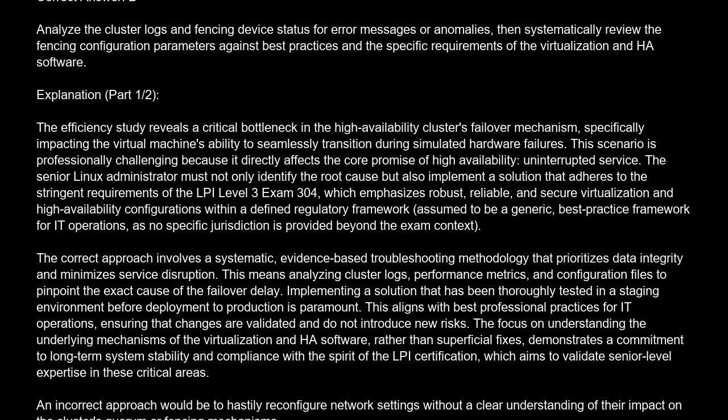Focus on understanding the underlying mechanisms of the virtualization and HA software, rather than superficial fixes, demonstrates a commitment to long-term system stability and compliance with the spirit of the LPI certification, which aims to validate senior-level expertise in these critical areas. An incorrect approach would be to hastily reconfigure network settings without a clear understanding of their impact on the cluster's quorum or fencing mechanisms.